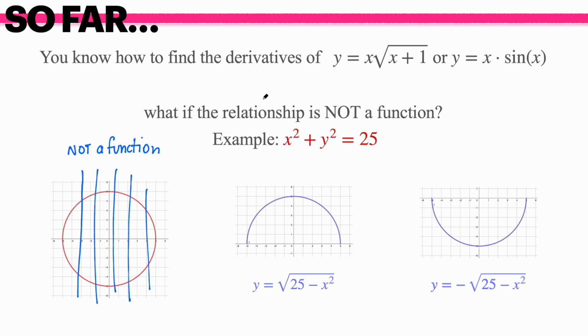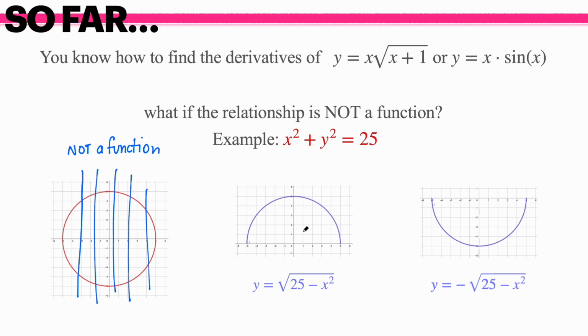What sometimes you can do is break it into two functions to find your answer. For example, x squared plus y squared equals 25. It is not a function because it is actually a circle, and if you do the vertical line test, it's not a function.